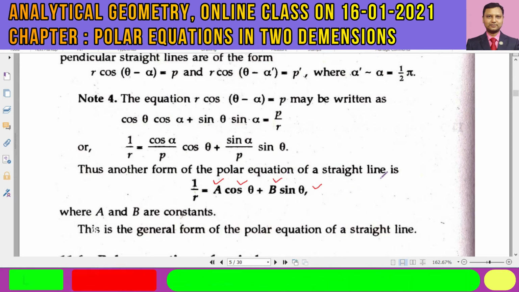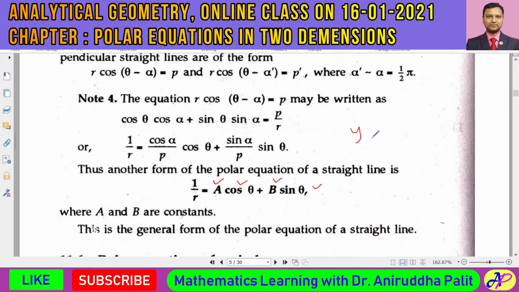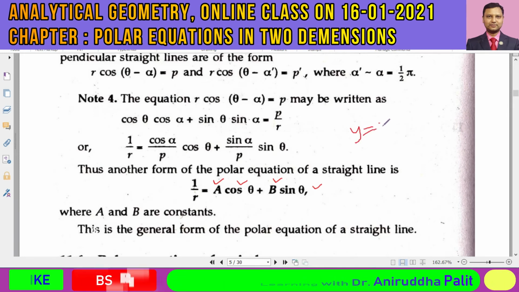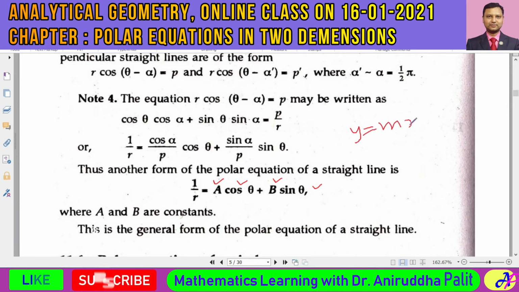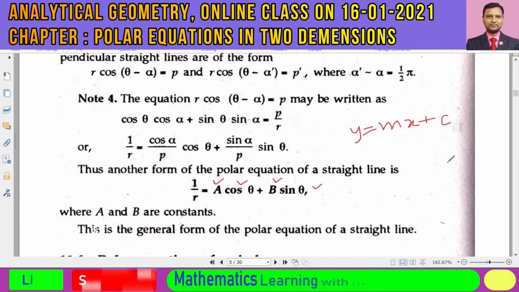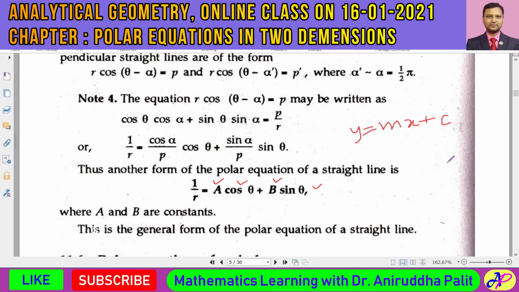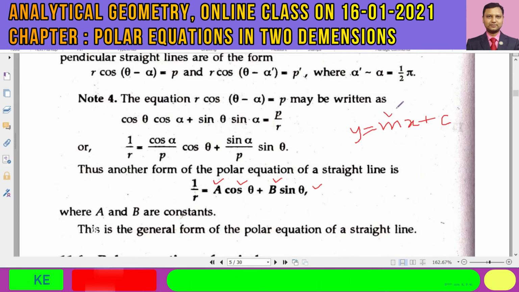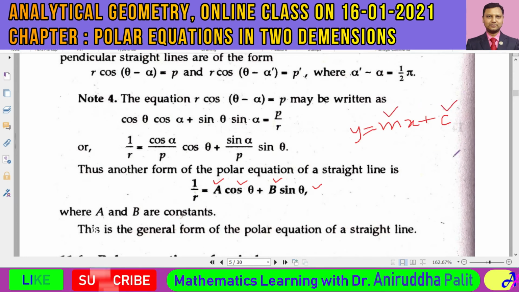You see, in Cartesian coordinates, the simplest form of a straight line is y is equal to mx plus c, where m and c are two arbitrary constants.